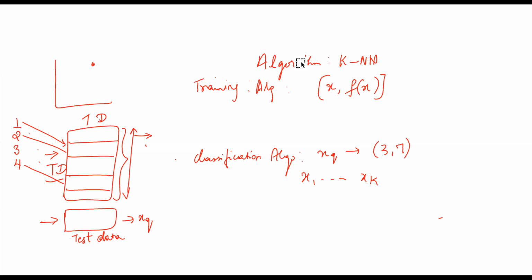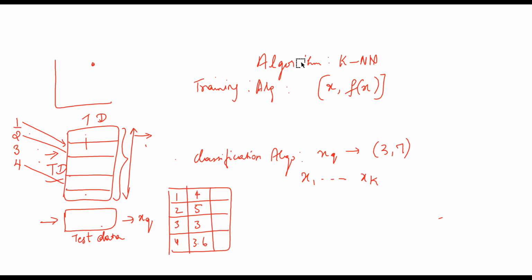So what we did, we had all of these training data and I had my testing data. I created one more table identifying the Euclidean distances. I had written data point 1, 2, 3 and 4. I remember the values were 4, 5, 3 and 3.6. And we actually gave them the rank for that also, 1, 2, 3 and 4.